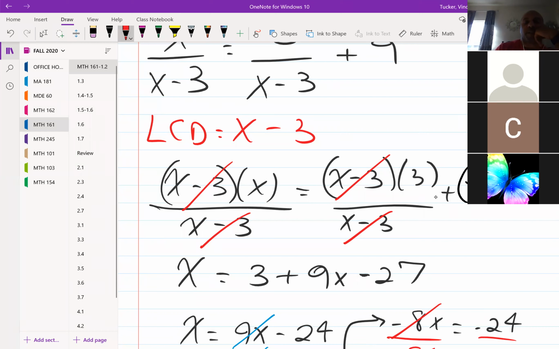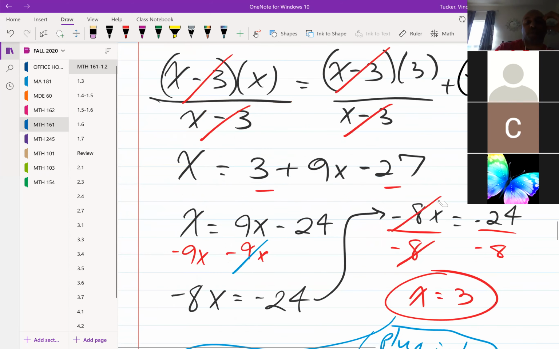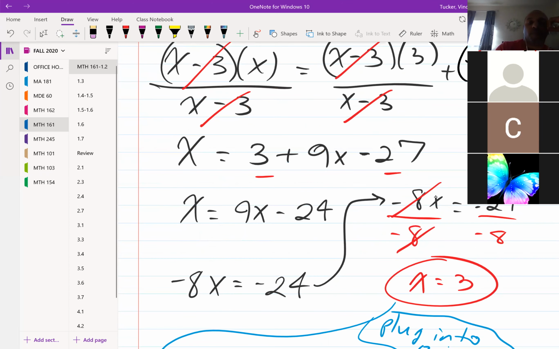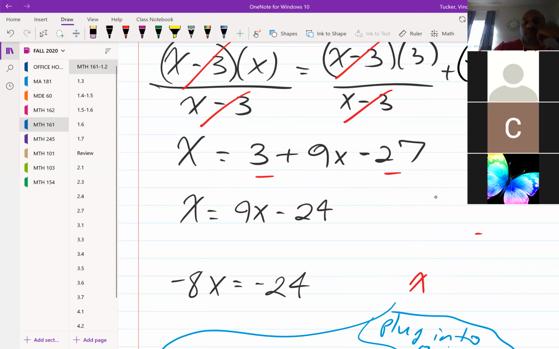We can combine our like terms. 3 and negative 27 will give us negative 24. All right, so we have x equal to 9x minus 24.